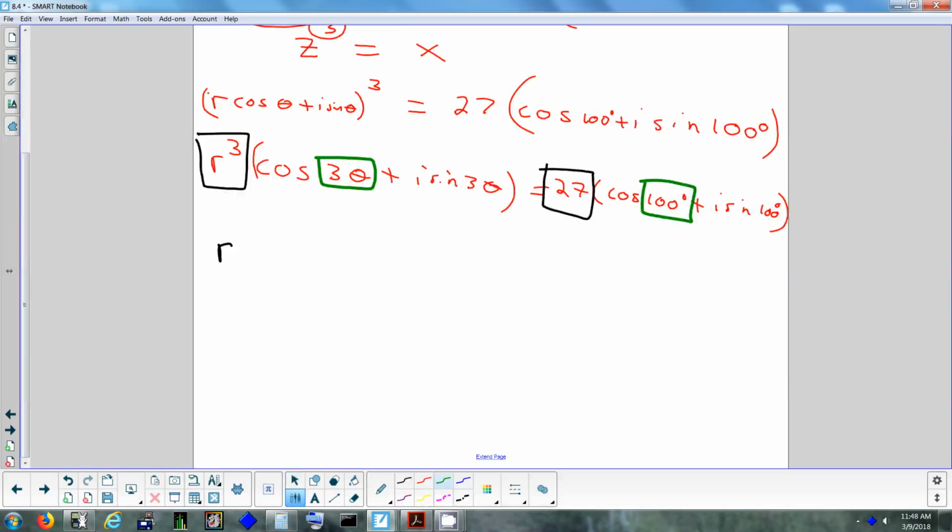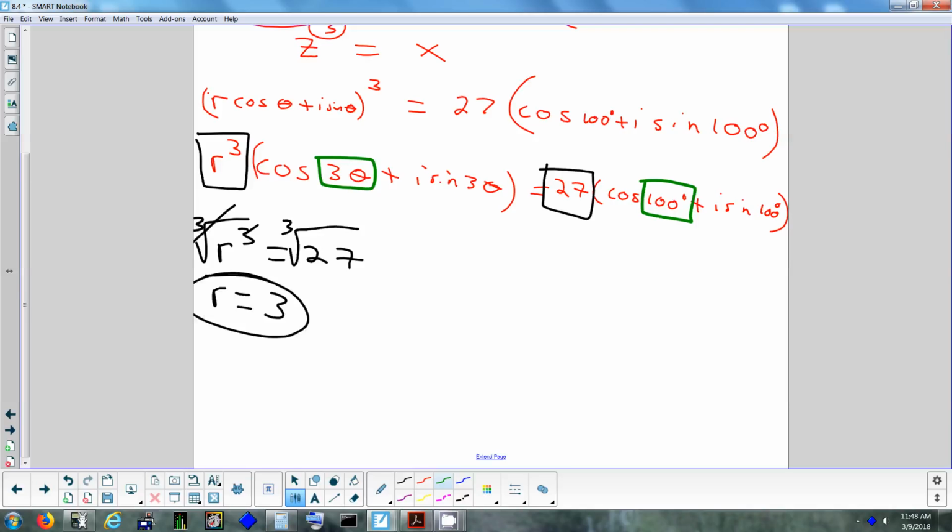First one, the radius on the left equals the radius on the right. And then we solve it. How would I get rid of cubing r? Take the cube root of each side. Cube root, cube root. And as Mina just said, r is 3. So we have our radius.